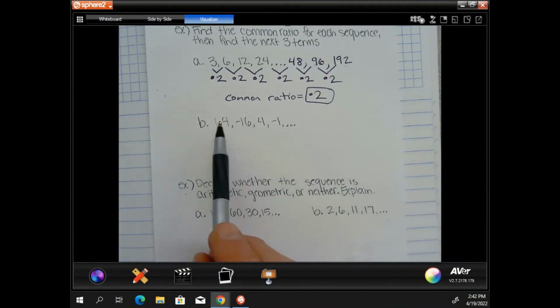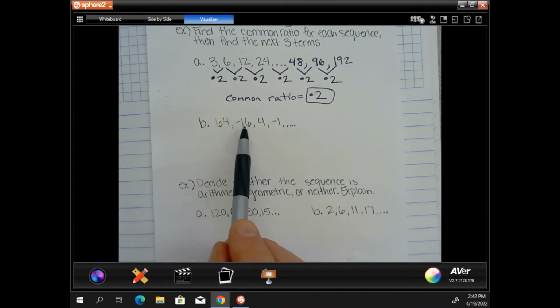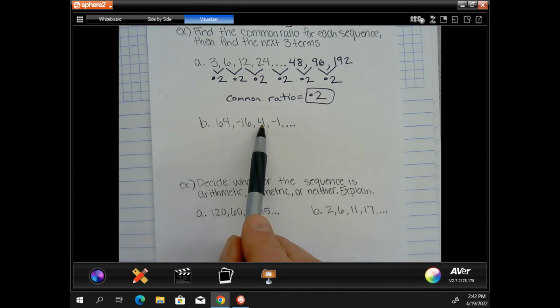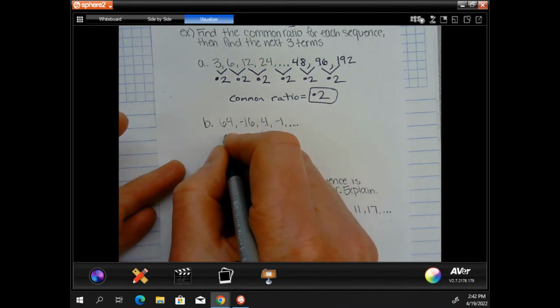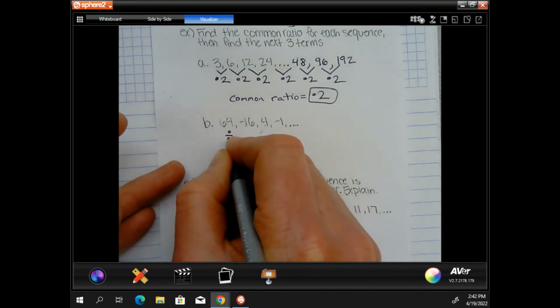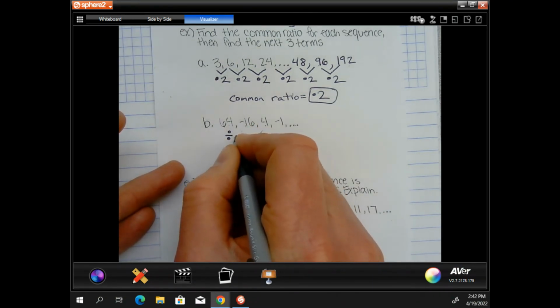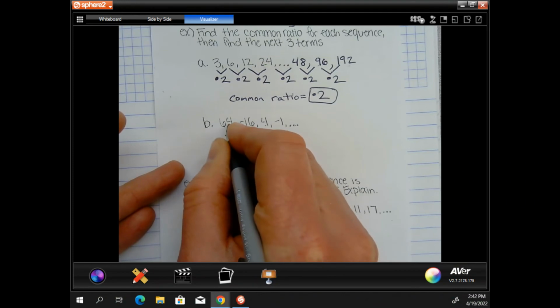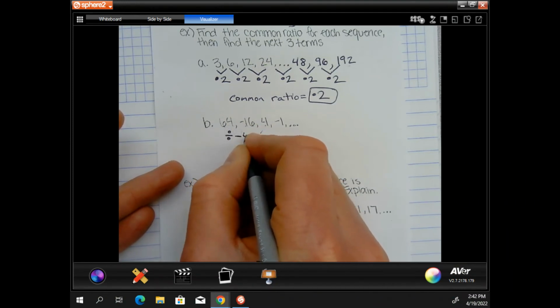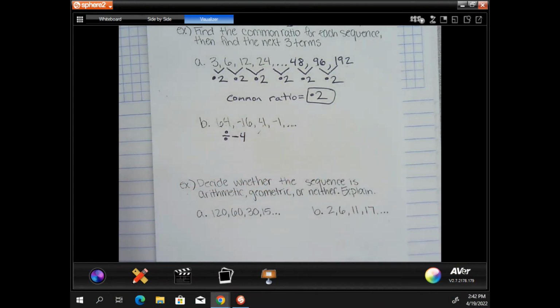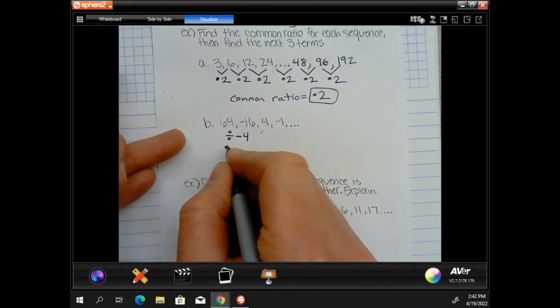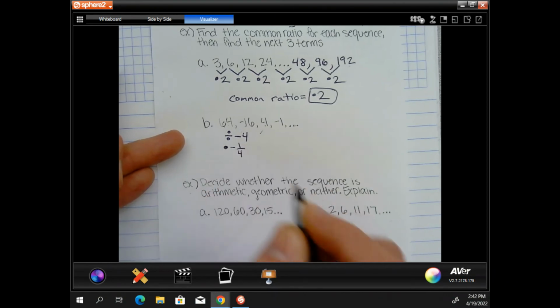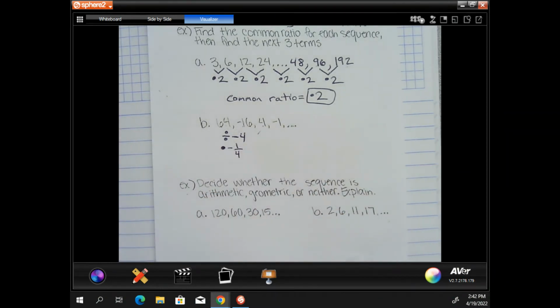Example B, I can see that my numbers are going positive and negative. So I can see that we are dividing. Now from a positive to a negative, so I know it has to be a negative. And 64 to 16 is dividing by 4. So it's dividing by negative 4. Or remember, that's the same as multiplying by negative 1/4 as a fraction.